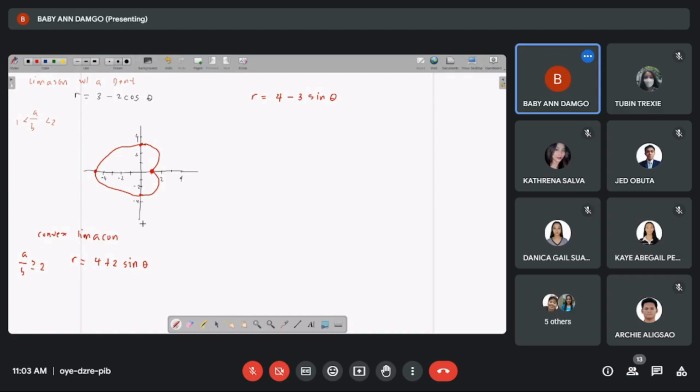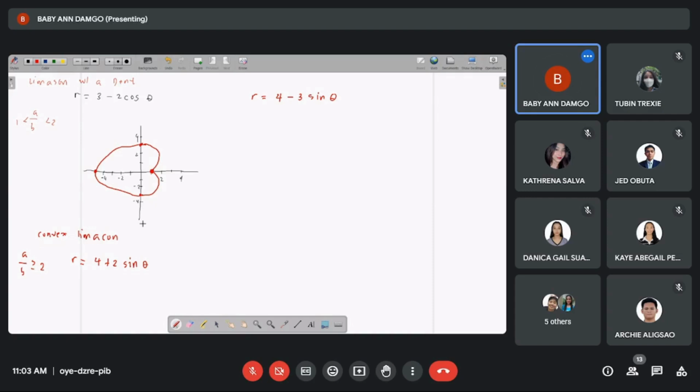So this is 2, 4, 6. 1, 2, 3, 4. Then this is 2, and then 4. Then this is negative 2, negative 4. Okay, so we have 4 minus 2. So this is 2. Since this is sine, this is symmetric to the pi over 2 axis.